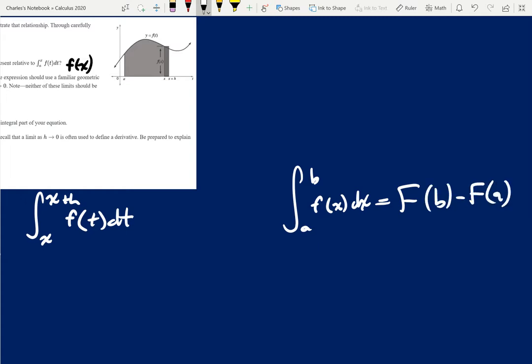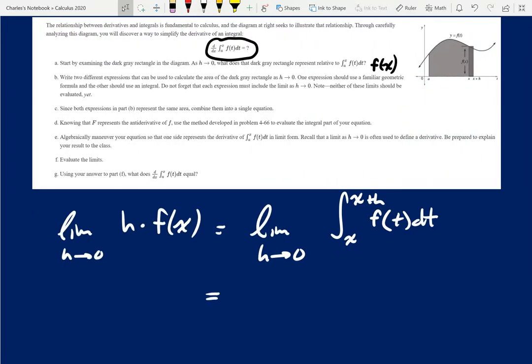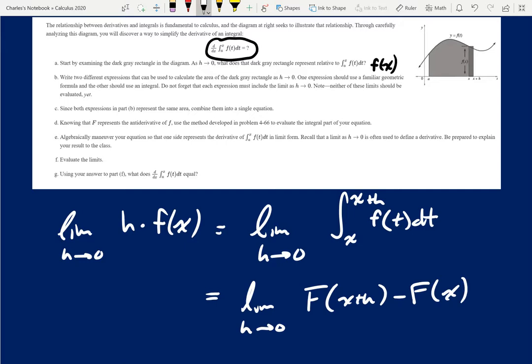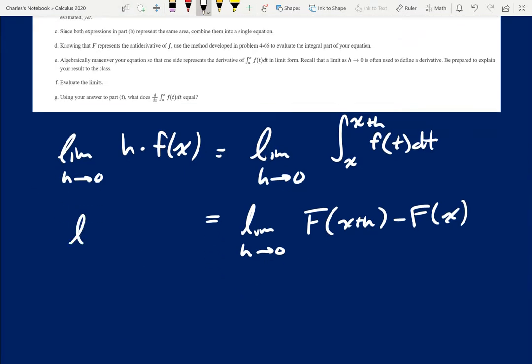That's how we define that operation, the integral. So this is going to be the limit as h approaches 0 of capital F of x plus h minus capital F of x equals the limit as h approaches 0 of h times f of x.